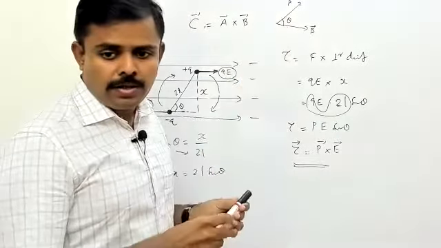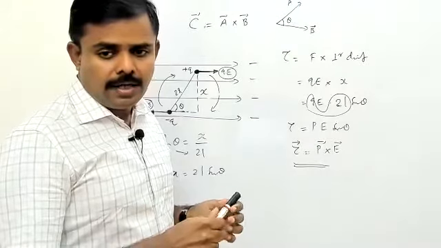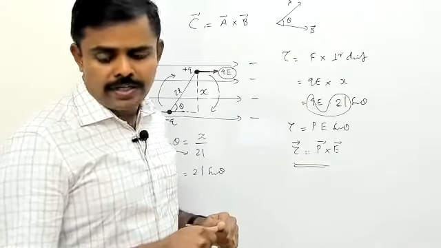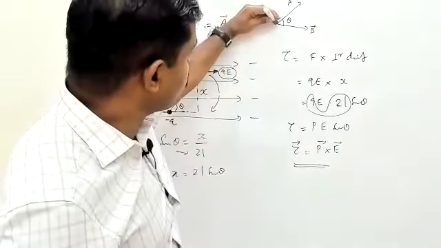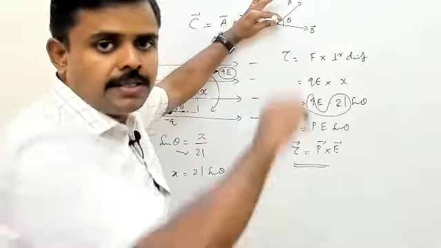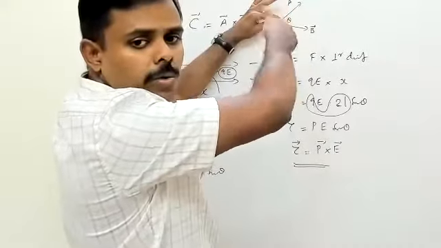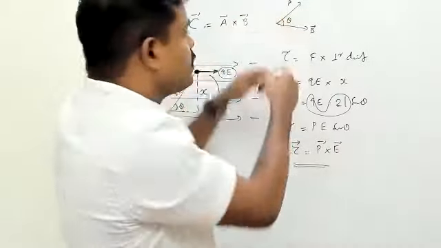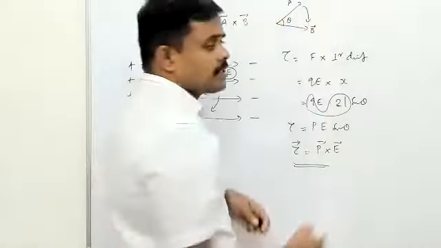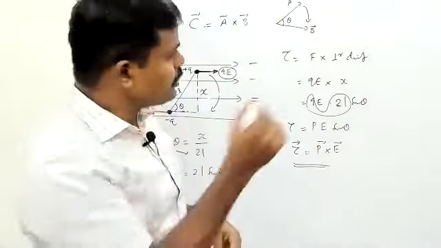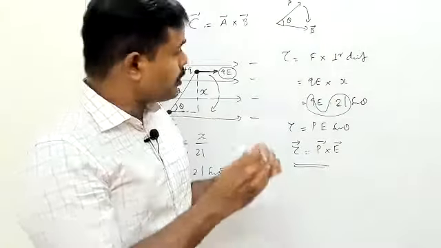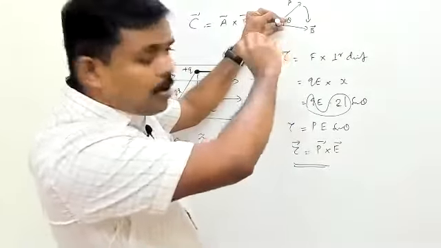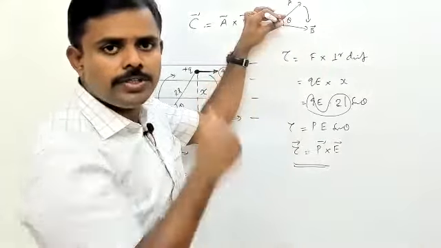You know how to take the cross product direction? Do you remember? You put a screw here at the junction, and turn the screw in the clockwise direction from A to B. Where is the screw heading? The screw is going into the board. In the whole world, wherever you go, if you put a screw here and turn it in the clockwise direction, it will definitely go into the board.